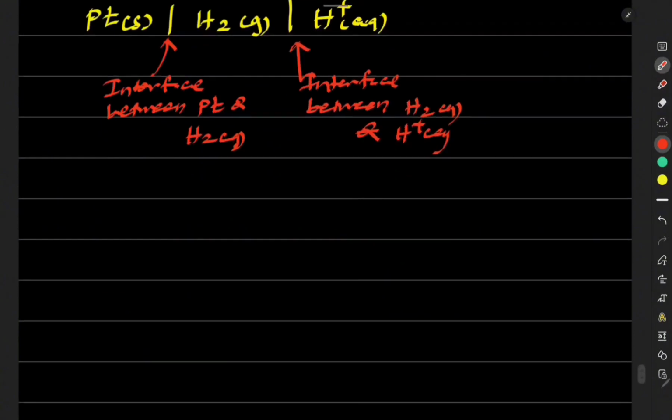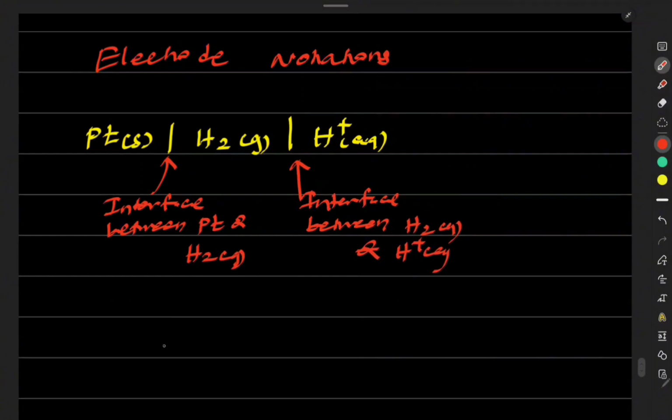For example, let's write the notation for magnesium. Magnesium solid, an interface, magnesium 2+ aqueous, and that's all. There are no other interfaces.